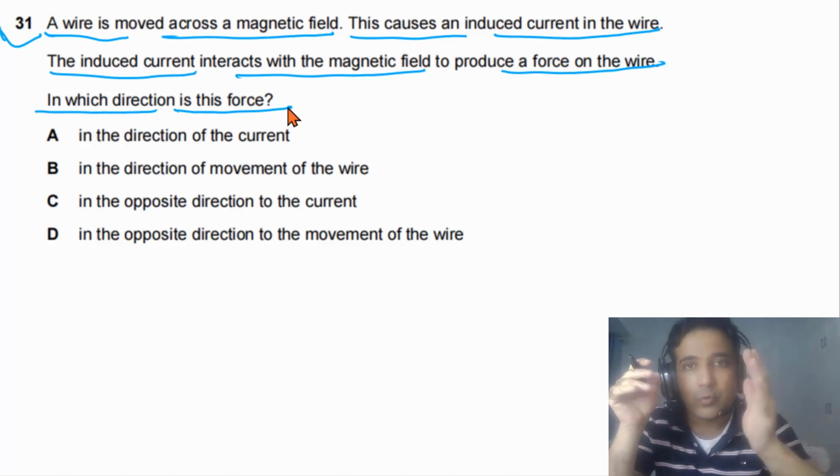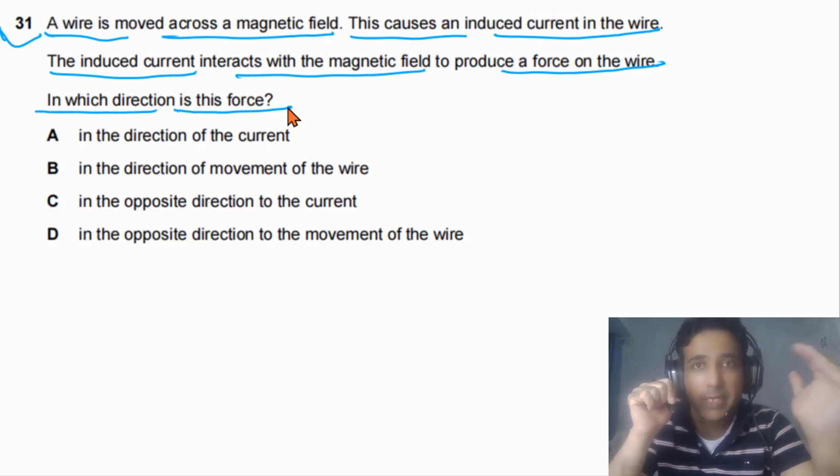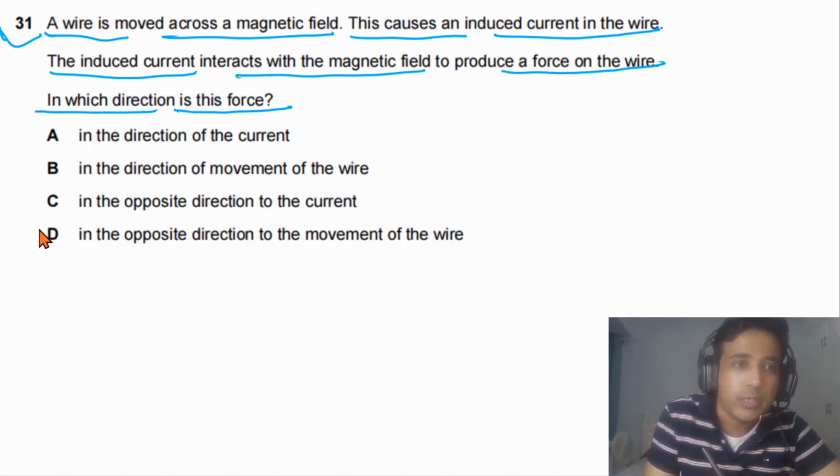When we move a wire in a magnetic field, there will be induced current. And due to the induced current, the wire will experience a magnetic force, and that force has to be opposite to the direction of motion of the wire to conserve energy, according to the law of conservation of energy. So if you have this understanding, simply you can choose this answer.